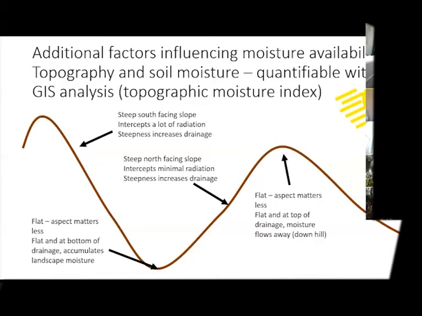It's a derived variable. There are some standard toolbox things that you can just run within ARC. But it's a derived thing, and it typically integrates aspects of landform, elevation, and so forth.